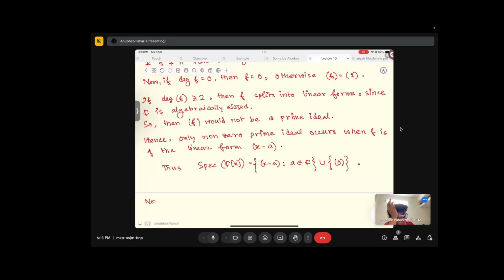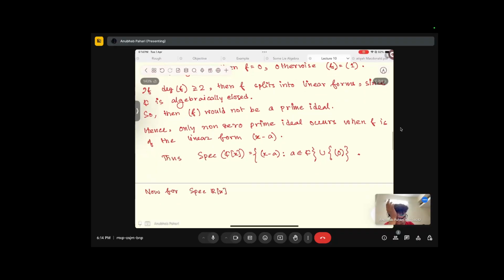Now for Spec R[x], also this is a PID, right? Also R[x] is a PID.